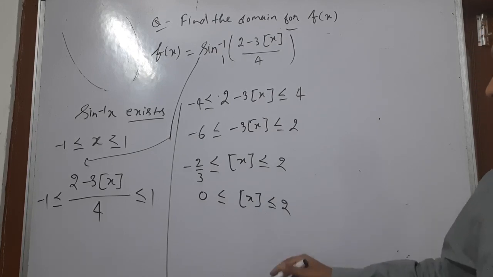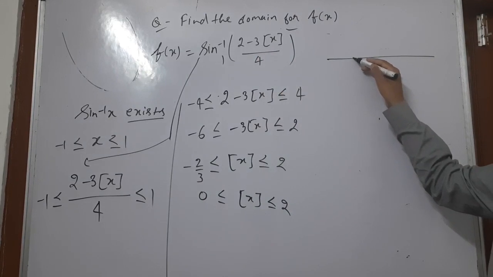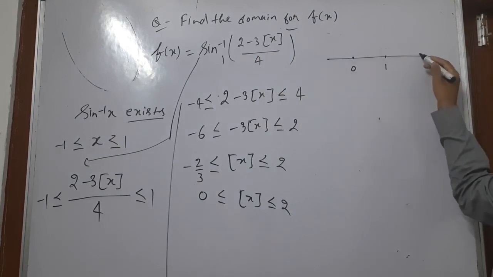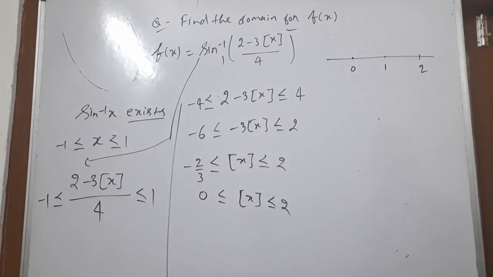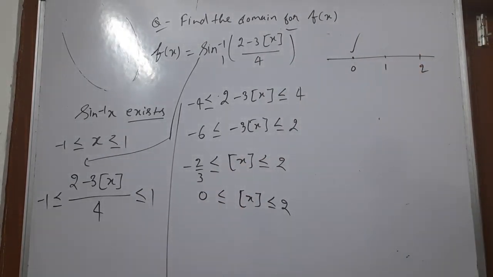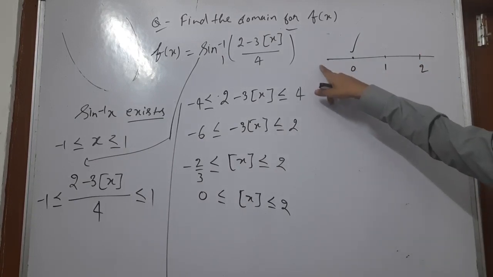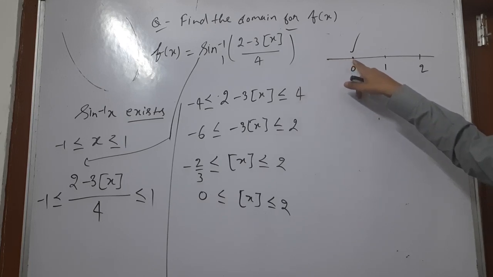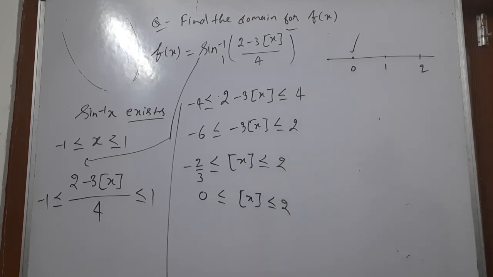We can say on the number line, 0, 1, 2 are possible values for this interval. So when will the greatest integer be 0? If we take values between -1 and 0, the greatest integer x gives the left side values.